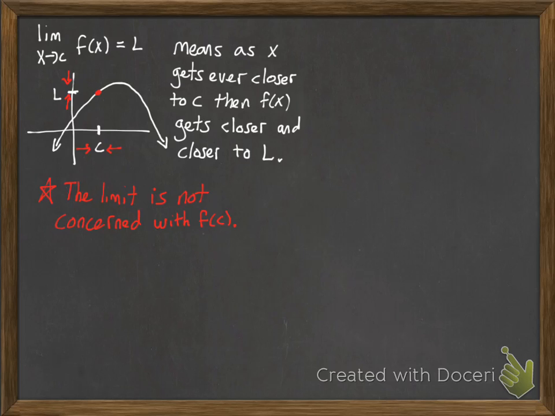And now let's consider an actual example. Let's consider the limit as x approaches 2 of x squared plus 1.